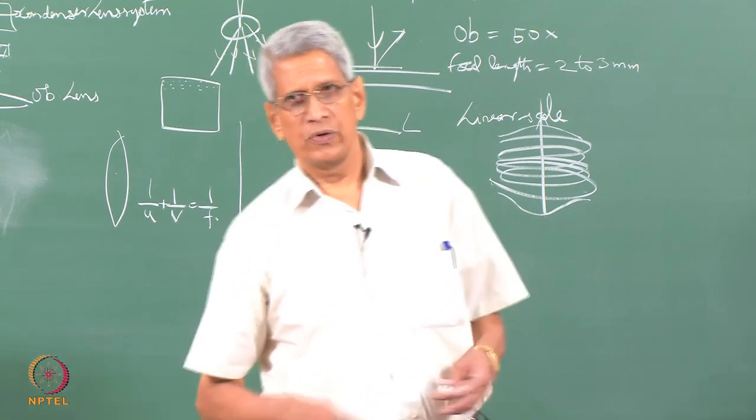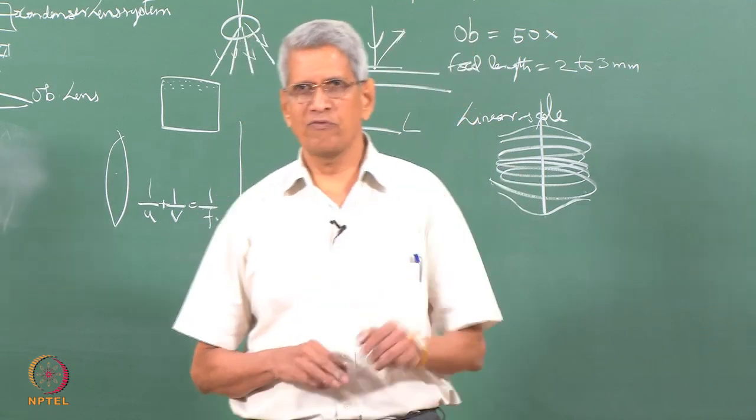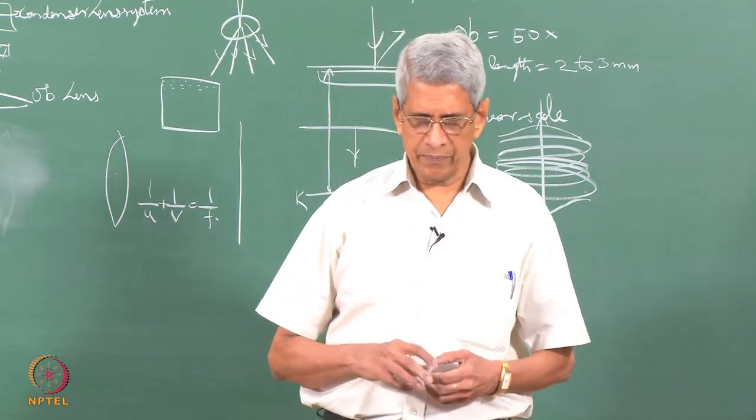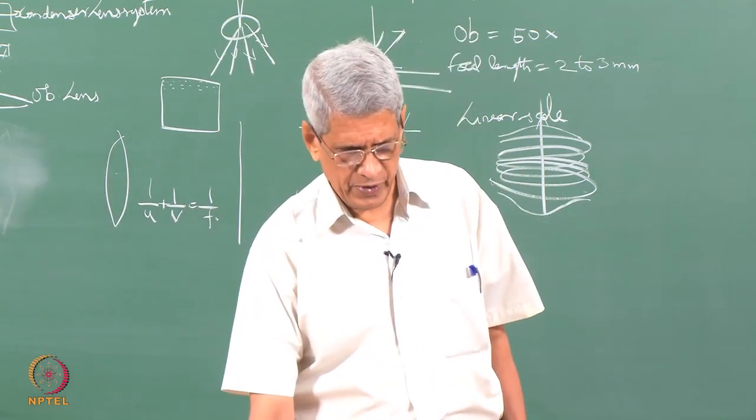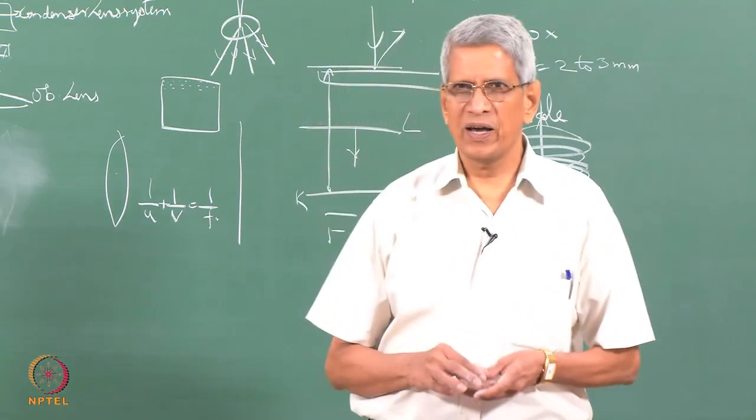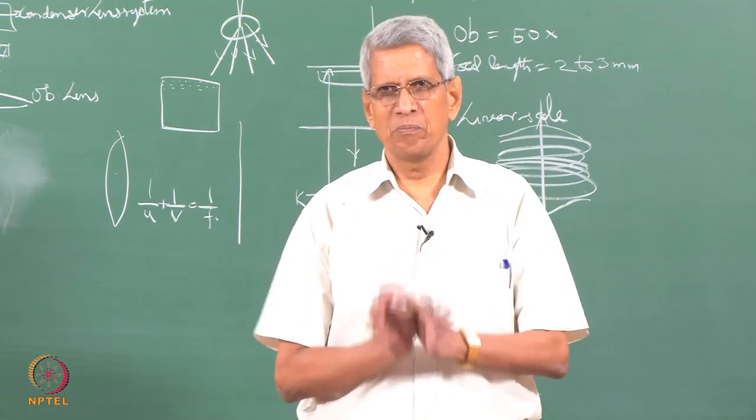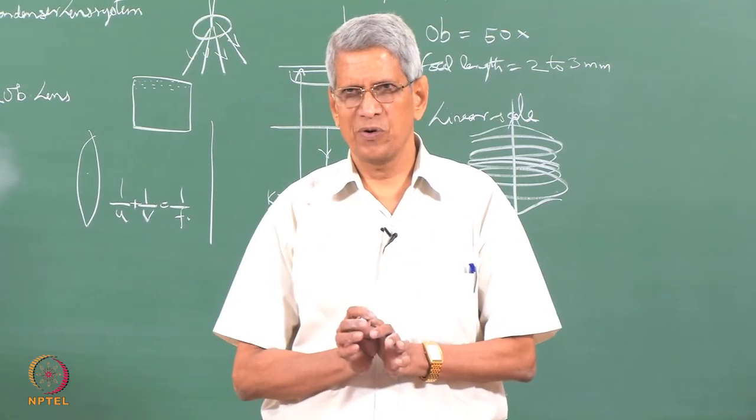Now, we have to talk about the resolution of a microscope. The resolution, magnification and all these aspects we will cover in the next class. What we have covered so far is essentially a simple construction of a microscope.